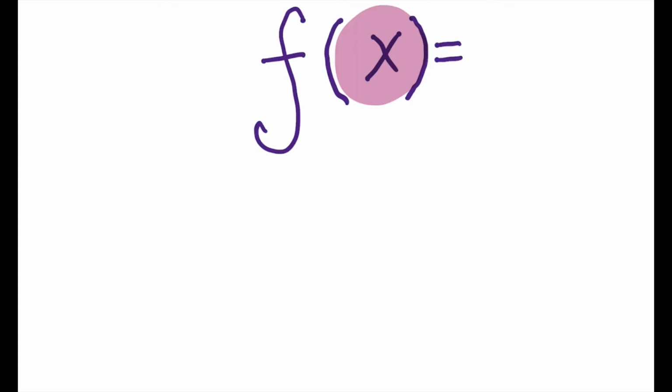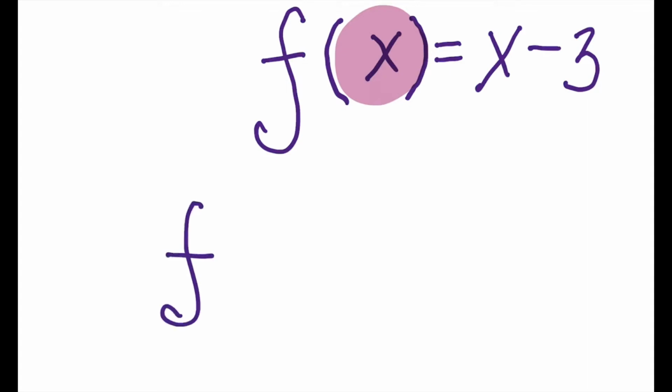So for example, x minus 3. For every value of x, there will be a value of f, and you will get this by taking x. So let's say I want to find the function at 7.